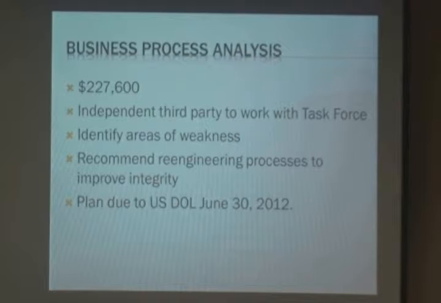They'll work with staff and management plus this independent third party to make recommendations on what we need to do to do a better job of detecting and preventing fraud and abuse in our unemployment insurance system. We have until June 30th to submit the final plan with their assistance, and we're in the process right now of developing an RFP. There's a couple of organizations with a good reputation who have already stepped up and are interested in helping do this.